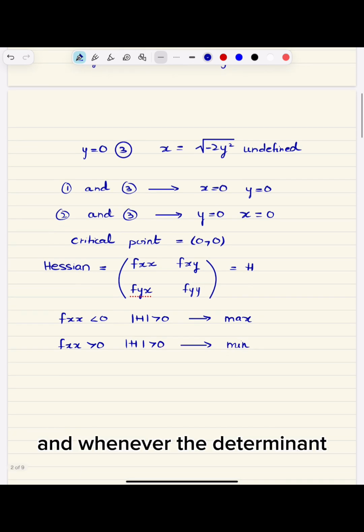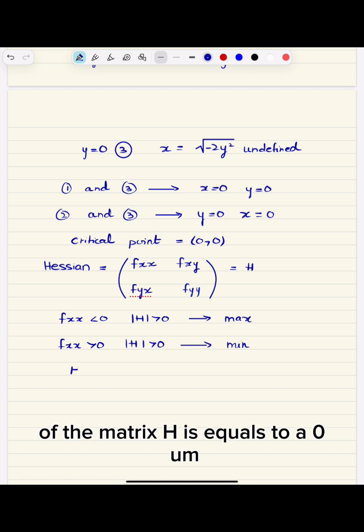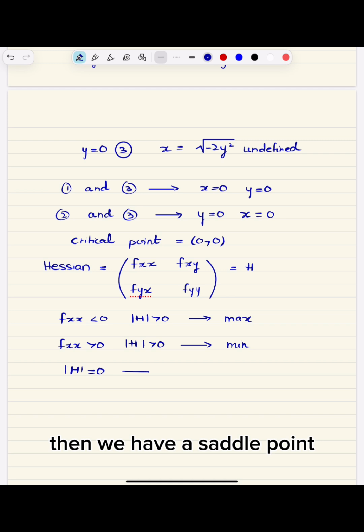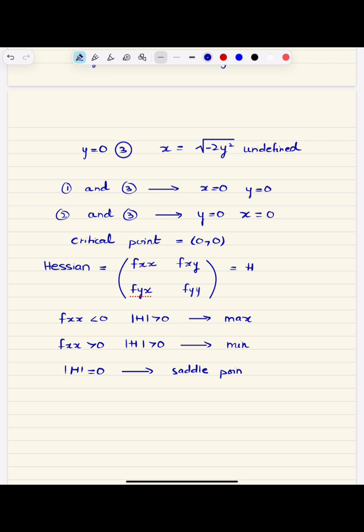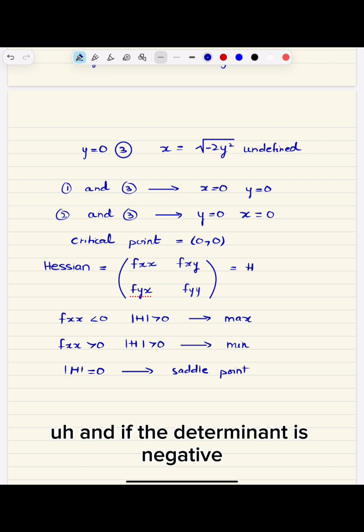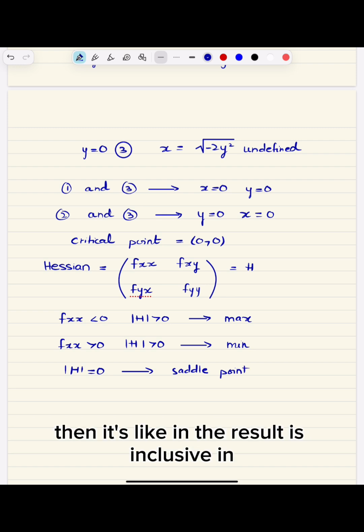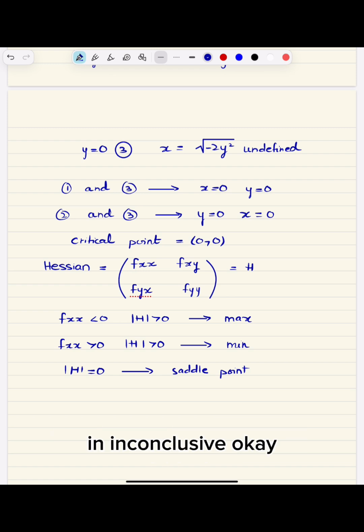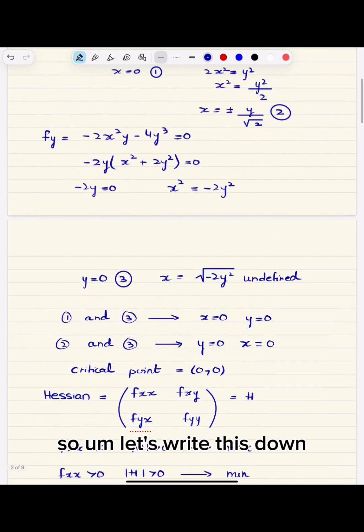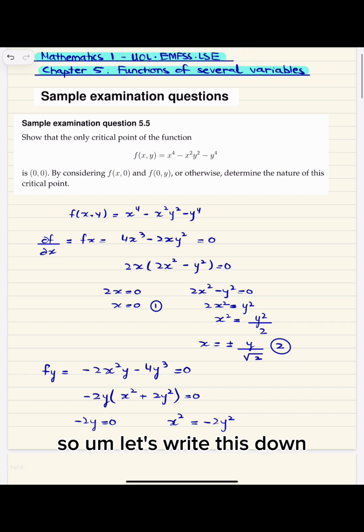And whenever the determinant of the matrix H is negative, then we have a saddle point. And if the determinant is 0, then the result is inconclusive.